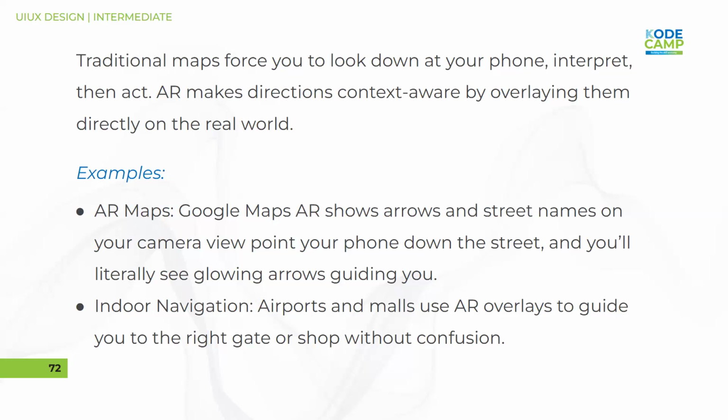What the app does is help you after selecting it, when you are in the building. After selecting it, it will show you a call to action button, like "go get it" or something like that, and from there it shows you arrows on how to navigate, and also the distance to where the book is located. Let's say it is a two-floor building, it will show you whether it's on the first floor or the second floor. So that is how AR can help you in terms of navigation.